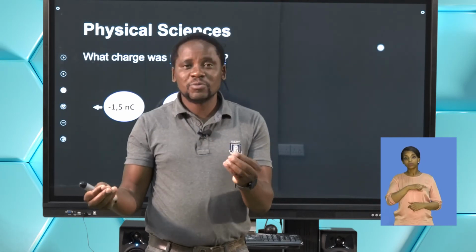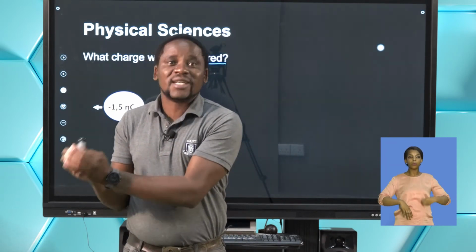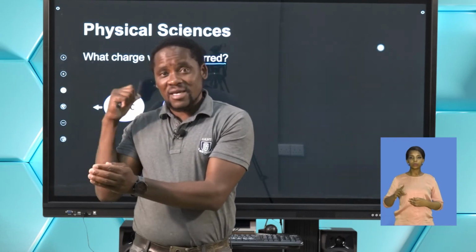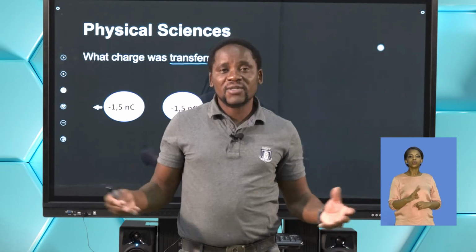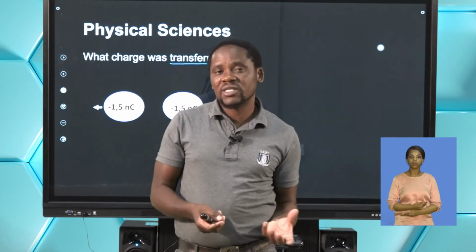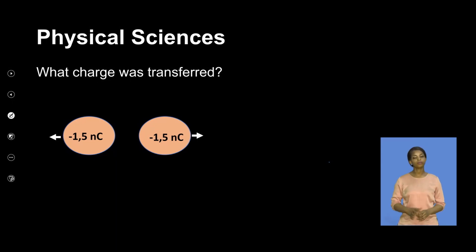The electrons lost by Q2 are the same number of electrons gained by Q1, as is the case here. That is also equal to the number of electrons transferred between these two materials, Q1 and Q2. The follow-up question says, what charge was transferred? The transfer obviously occurred between Q1 and Q2.